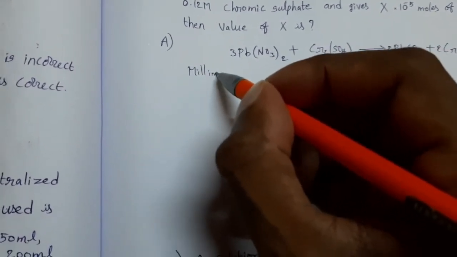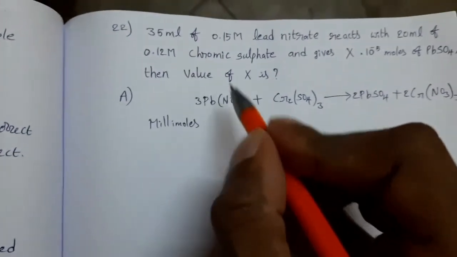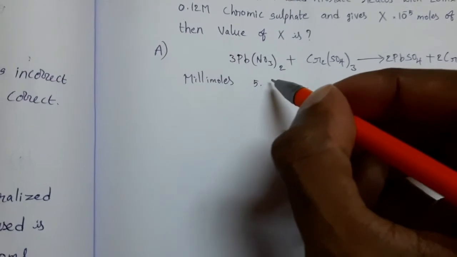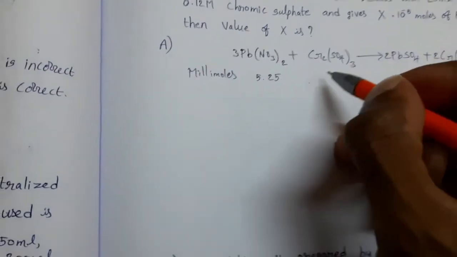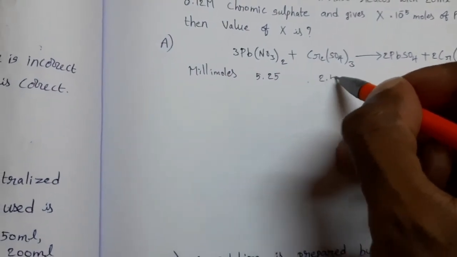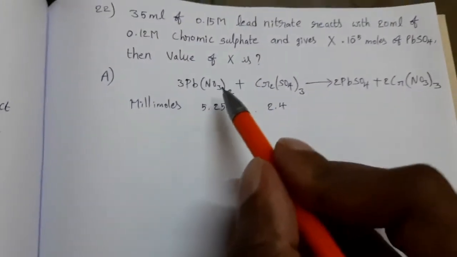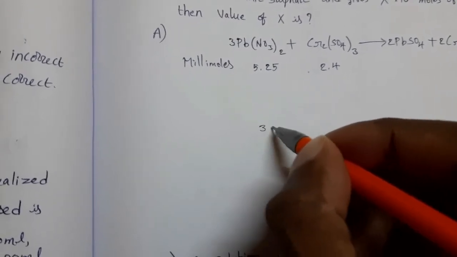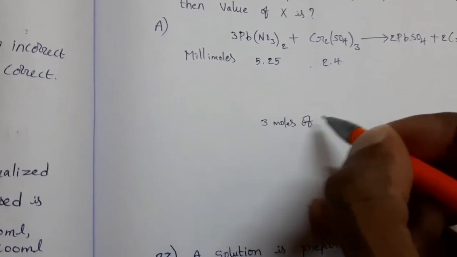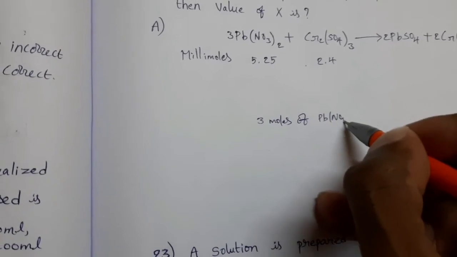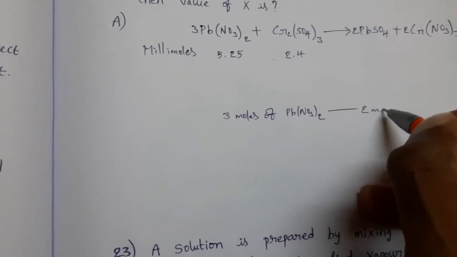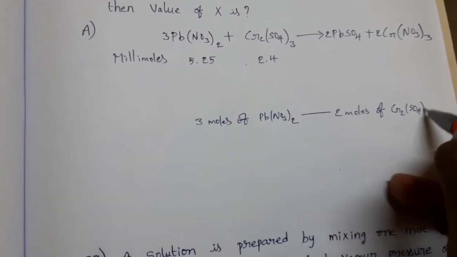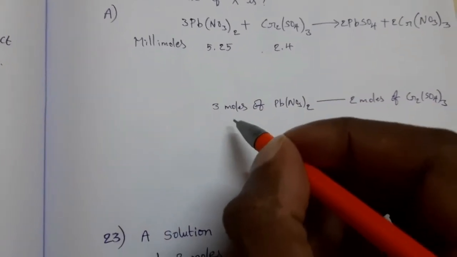Consider millimoles. Multiplying volume and molarity, we get 5.25 millimoles for lead nitrate and 2.4 millimoles for chromic sulfate. According to this equation, 3 moles of lead nitrate react with 1 mole of Cr2(SO4)3.